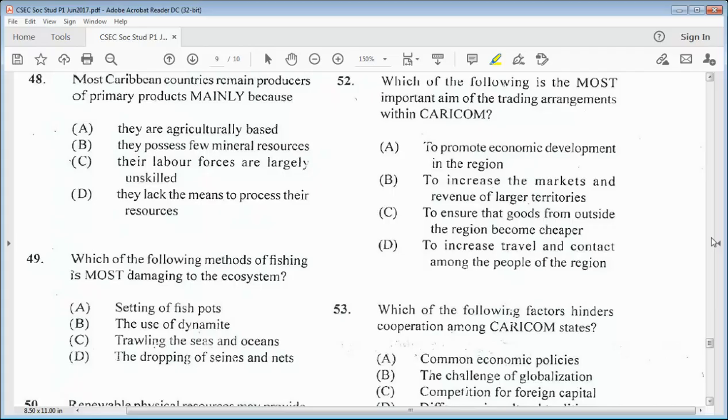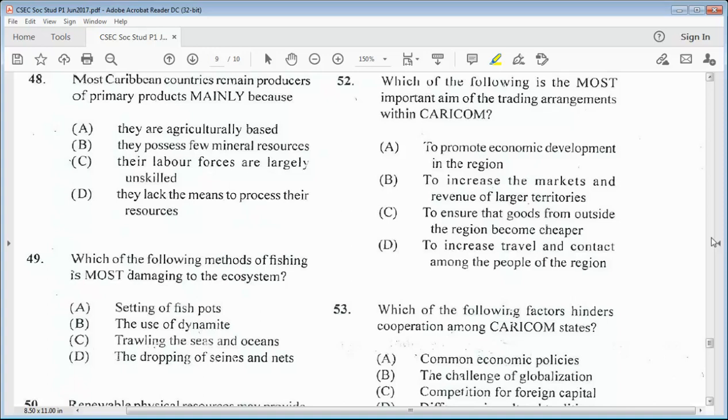We do, for example, have the bauxite mining company, but we have the raw materials to produce the primary product. What is it?